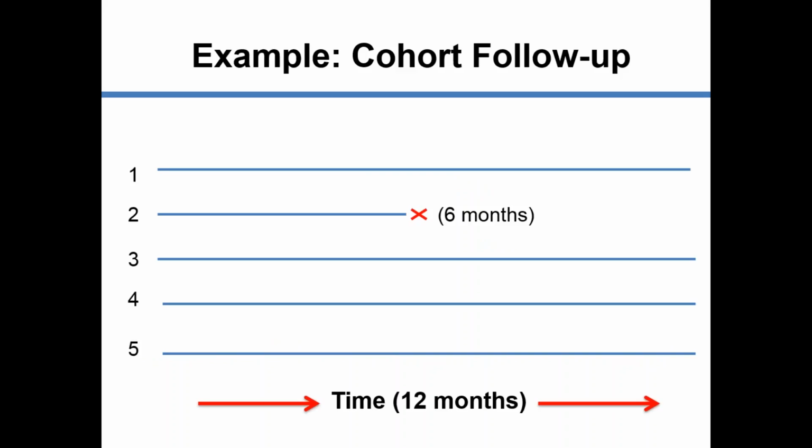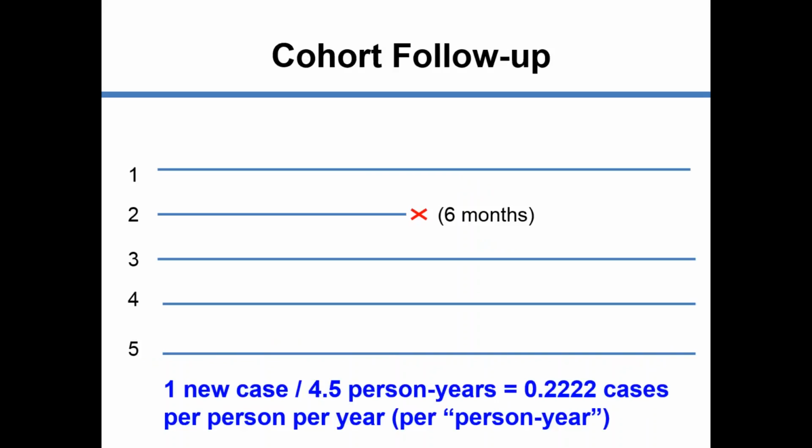So here's that example again. One new case, 4.5 person years. If you have any questions about calculating person years, it's worth taking a simple example like this. It's easy to calculate 4.5 years of time that the entire group of people were at risk for getting the outcome, and during that time, one person got the outcome.